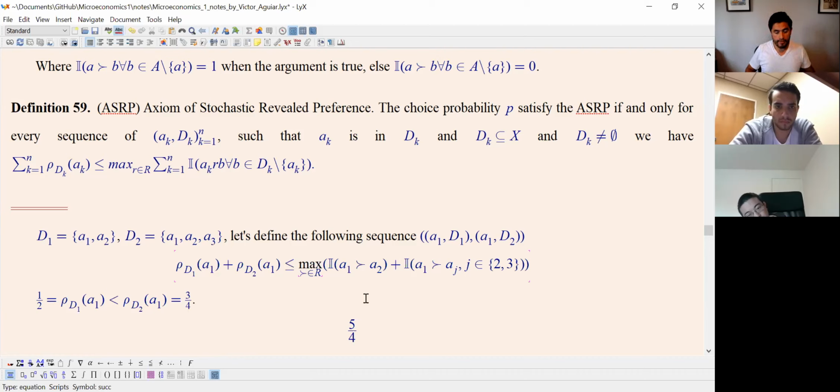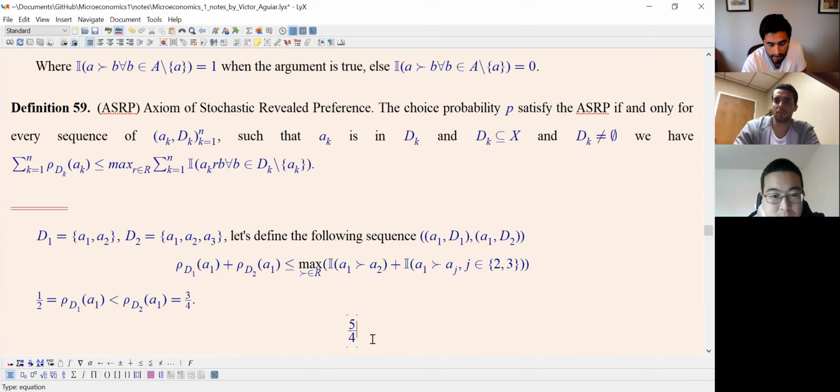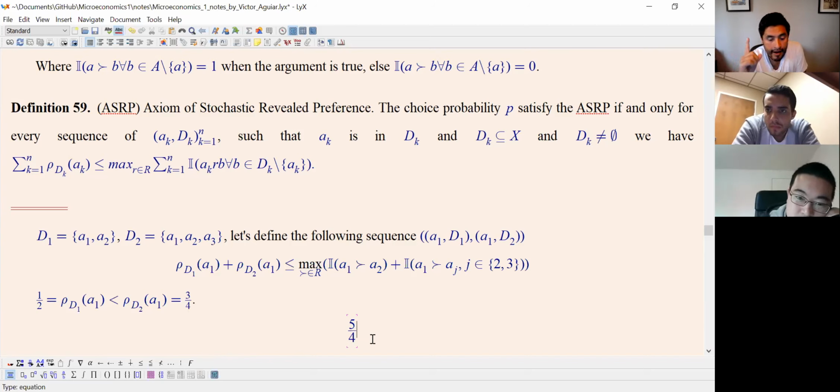So in particular, you have this data set and you can plug it in and check. The axiom tells you that I don't think in this case it's violated, because you can always find one ranking for which A1 is always at the top. So I will make this part equal to 2, which is fine. But the axiom tells you that this should hold for all sequences, not one sequence.